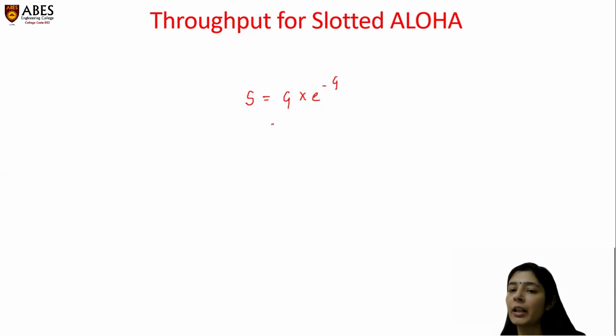And here the maximum throughput calculated is 0.36. It means the maximum efficiency will be 0.36, and if we calculate this efficiency in terms of percentage, then 36% of frames will successfully reach the destination, and the rest of the frames will be discarded because of the collision that occurred during the transmission.